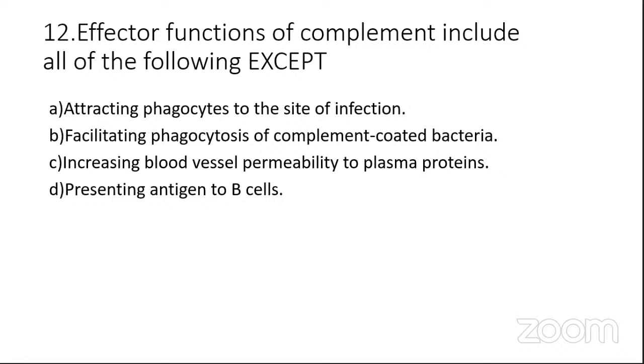D is the answer, because antigen presenting will not be a function of the complement. There are separate cells called antigen presenting cells, which could be your phagocytes or B cells, or Langerhans cells, or macrophages. But the other three are the functions of the complement.